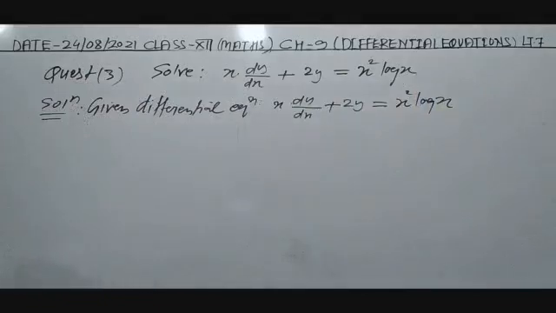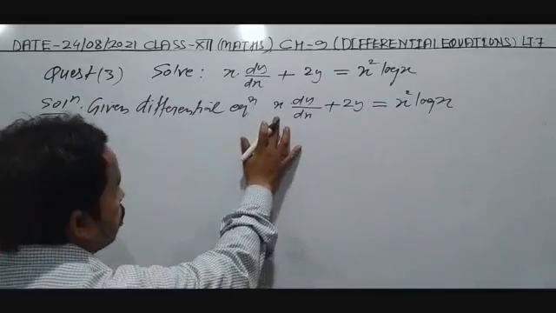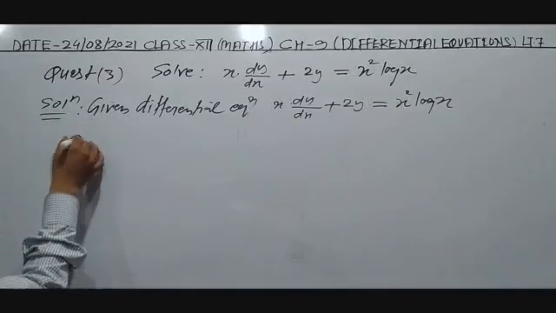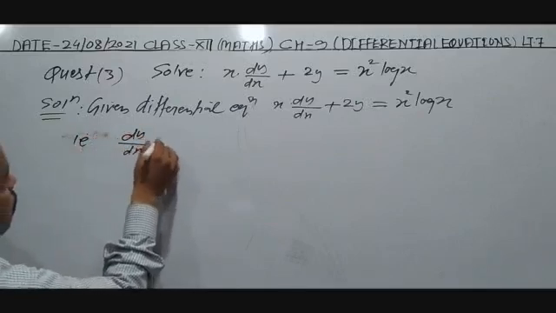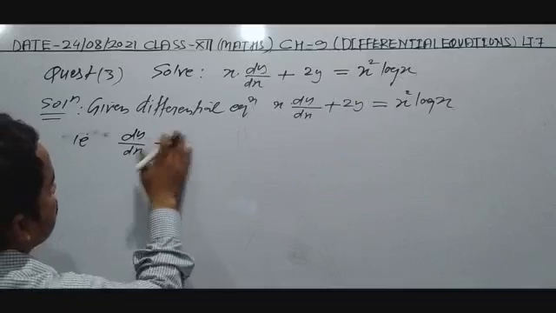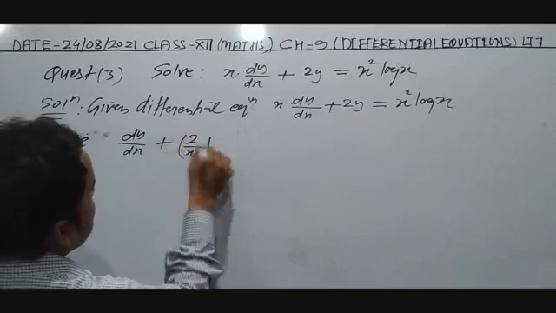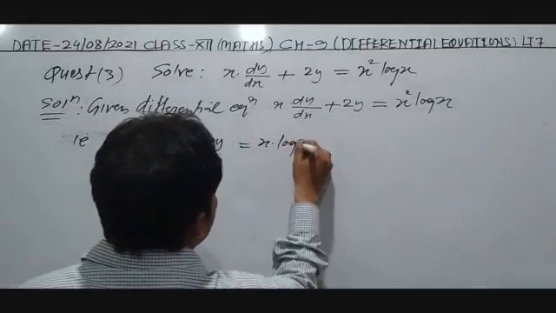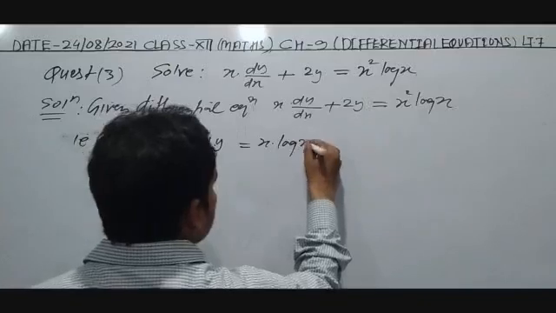We have to convert it into the format dy by dx plus py is equal to q. So make the coefficient of dy by dx unity. Divide by x on both the sides. So the result will be dy by dx plus 2 by x times y is equal to x times log of x, because x square in the numerator, one x term will cancel out, so the result will be x.